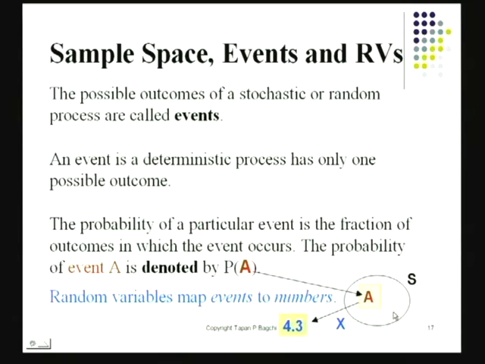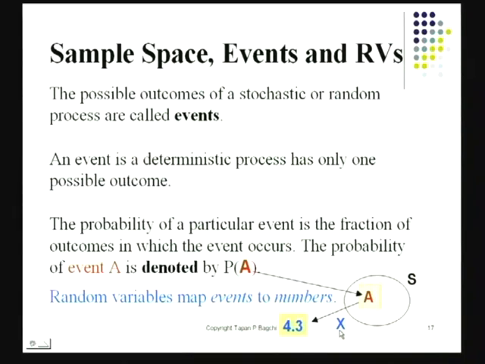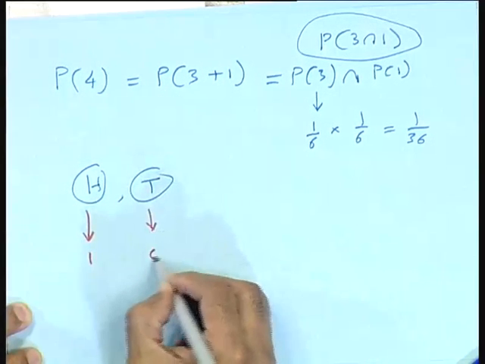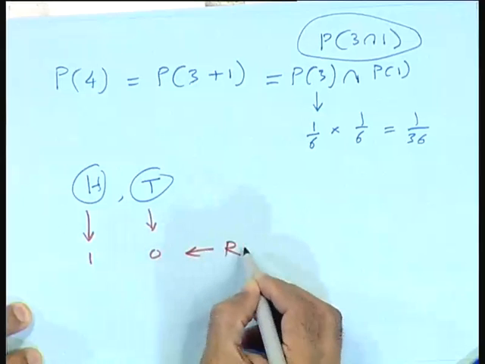So in the head and tail case, I'll have a head sitting there and also a tail sitting there inside the sample space and nothing else. Now I could define a random variable. Based on that, I could define it to be X, and I could map head to 1 and tail to 0. So I'll have a little mapping done here. Head will be mapped to 1 and tail will be mapped to 0. And these are the values of the random variable.